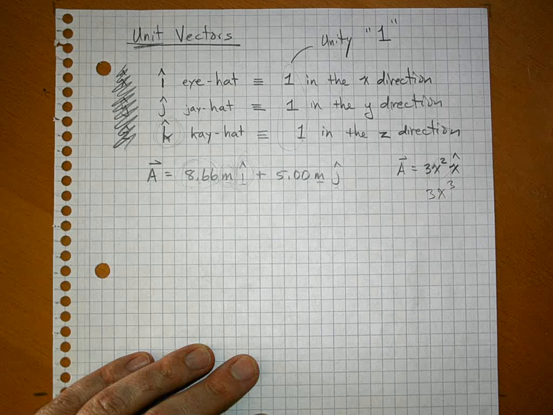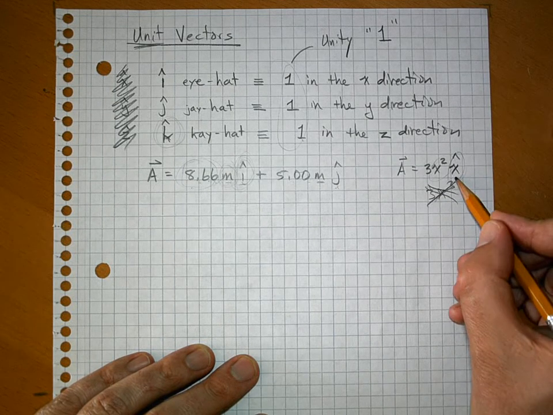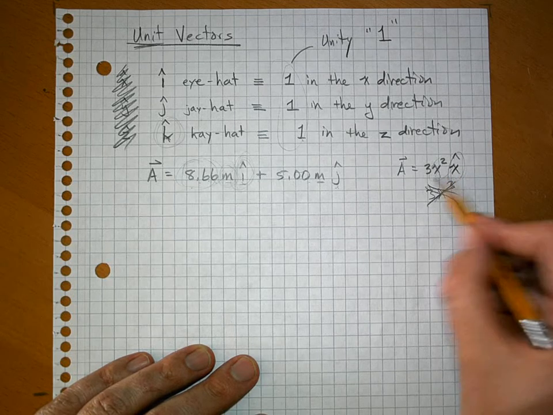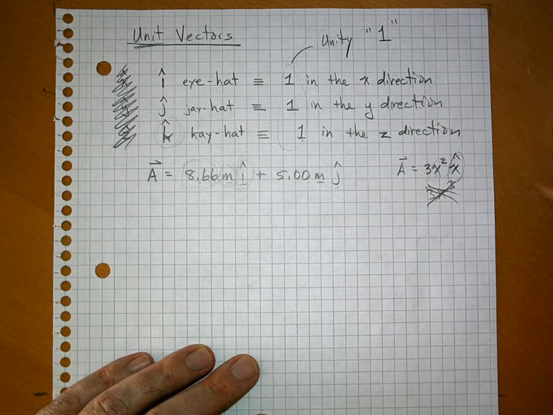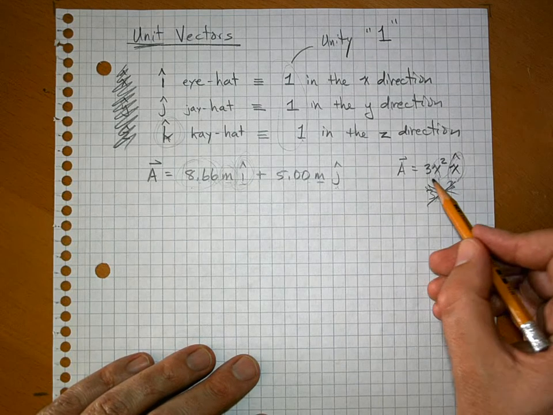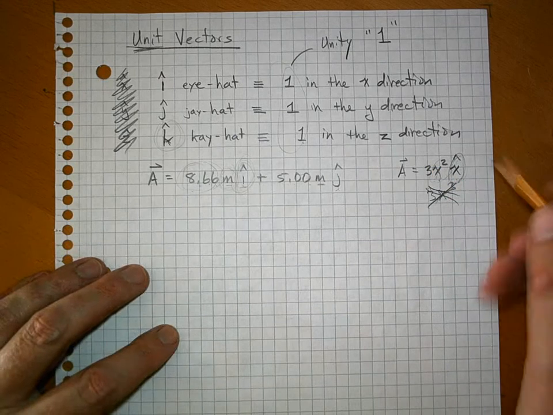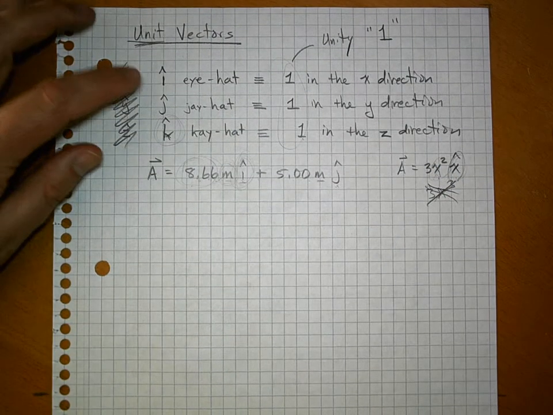This x hat doesn't mean the same thing as this variable x. They mean different things. This just says in the x direction. This is just squaring what your position is on the x-axis. So to relieve you of that confusion, they decide to use I, j, and k.